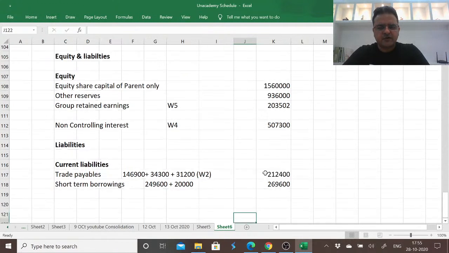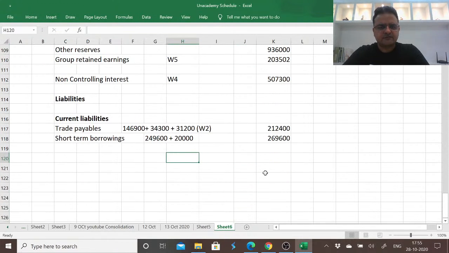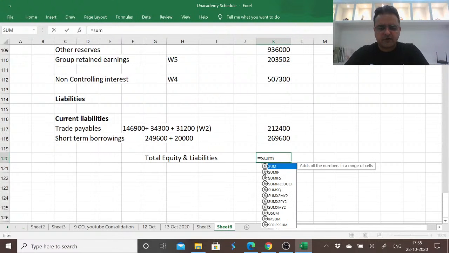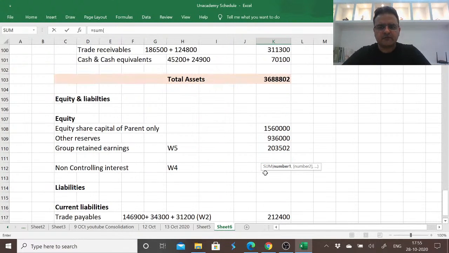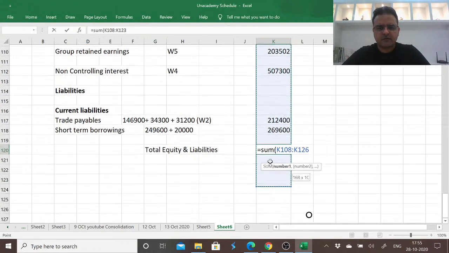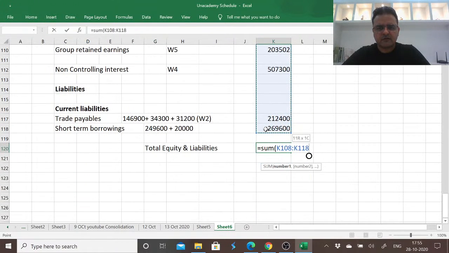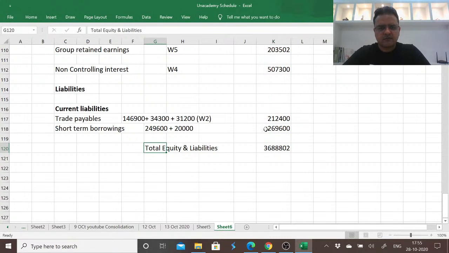If I do total equity and liabilities, it turns out to be equivalent to 36,888,02.